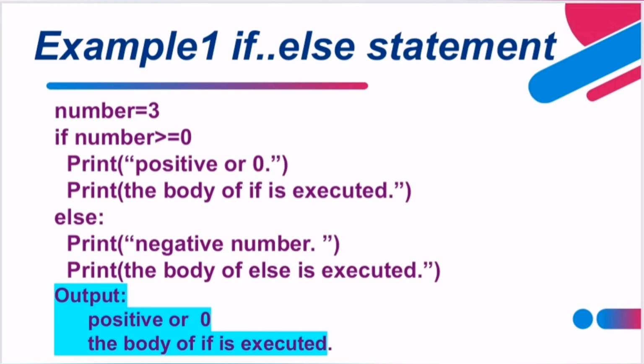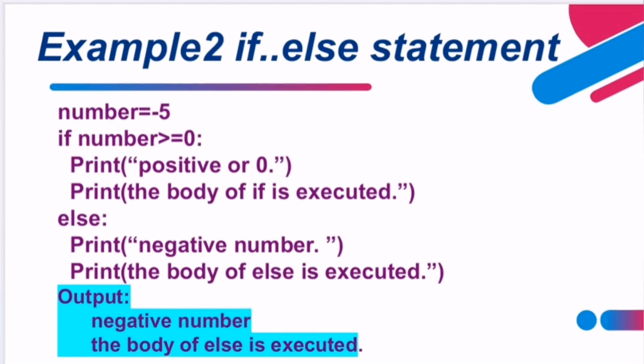Let's try another example where the Boolean expression evaluates to false. Here in this example, number equal to -5. So if number greater than 0, then the next two print statements will be executed, else the next two print statements will be executed.